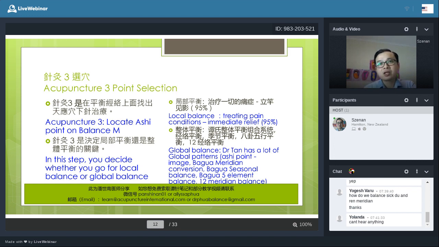Number 2 is ear problems, tinnitus and hearing loss. This is not a kind of condition that Dr. Tan's balance method works well for. Dr. Tan himself suffered from tinnitus and hearing loss.